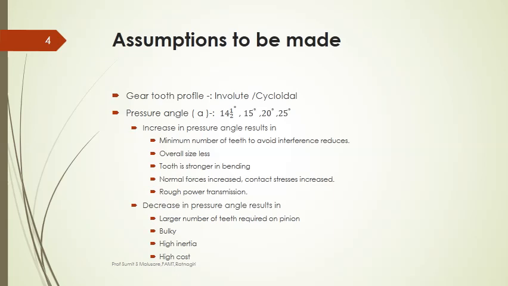It results in a bulky structure with high inertia, and it also gives a high cost. Hence, as a compromise between cost and quality, we have to go for a moderate angle; generally the standard pressure angle is 20 degree, which is offered for multiple applications. So we take pressure angle alpha equal to 20 degree.